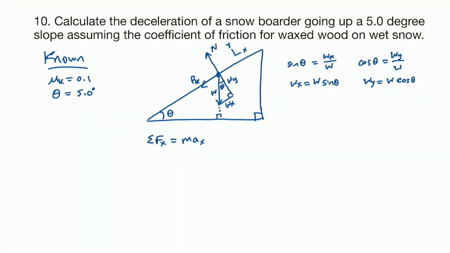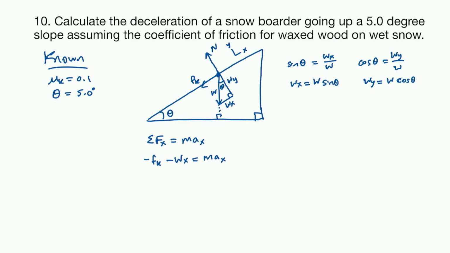In the x direction, we have friction downslope, so that's a minus f sub k. And we also have the x component of weight downslope, so that's a minus w sub x. They equal m a sub x.